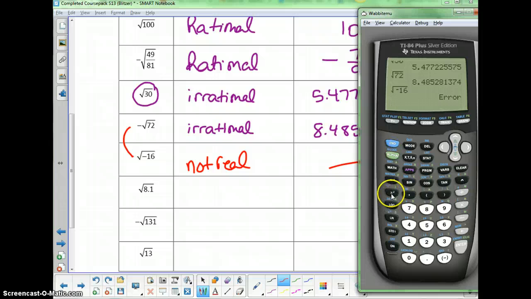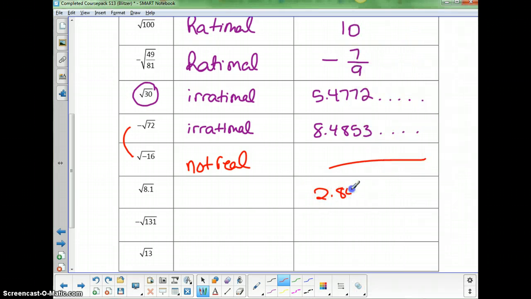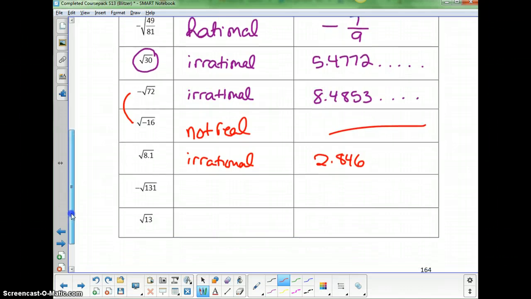It's also going to be irrational. Okay, so that's irrational, and it's 2.8460. So that's irrational. And it looks like the rest of these right here are irrational too.